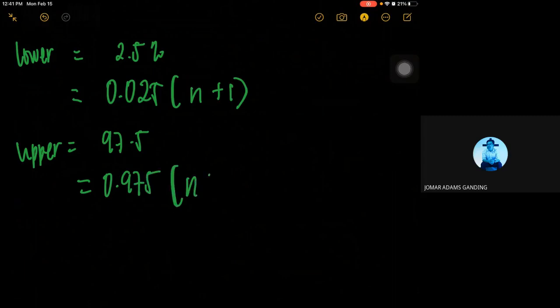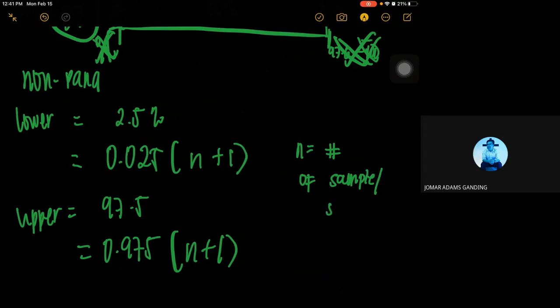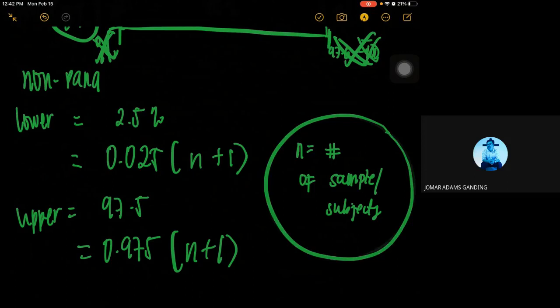Take for example n. What is n again, mga kapanalig? N is equal to the number of samples or subjects. Always remember this.